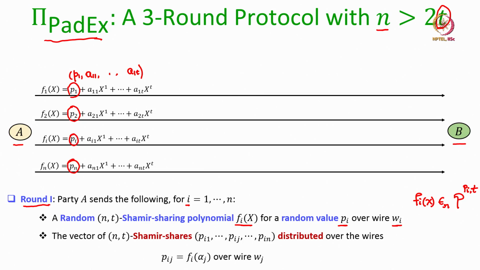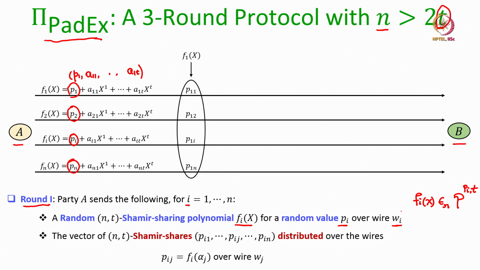Apart from these polynomials, it also computes a vector of Shamir shares for the value Pi, and that vector of Shamir shares is distributed over the n wires.